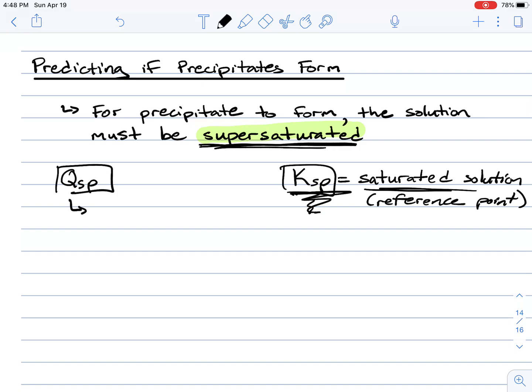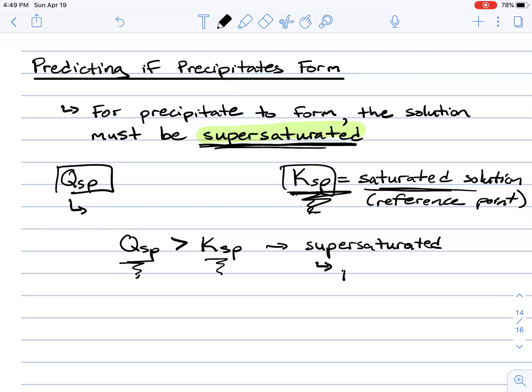If Qsp, which is the ion product, is greater than Ksp, that means we have a higher product of our ions than the product at saturation. And so when Qsp is greater than Ksp, you can conclude that the solution is supersaturated with the ions that are responsible for forming the precipitate.